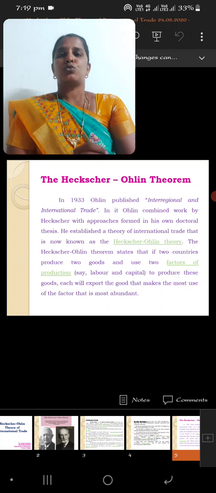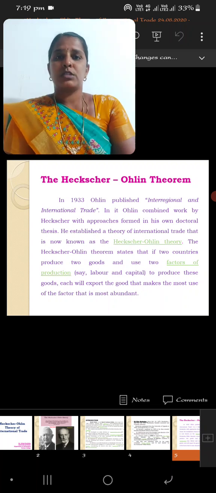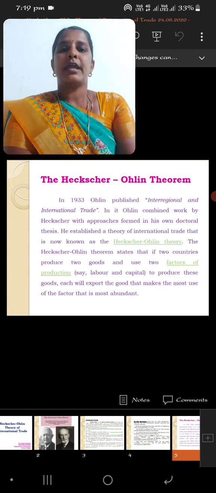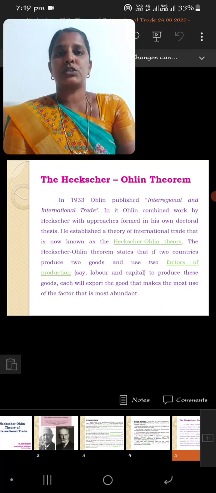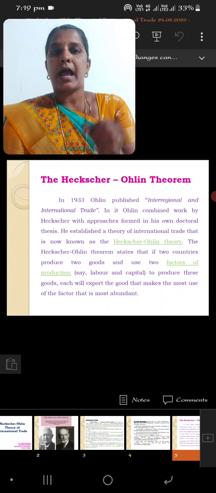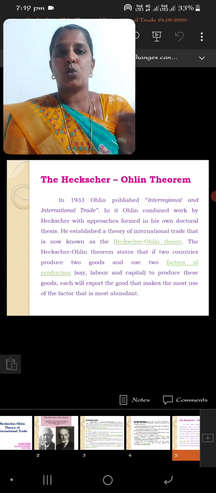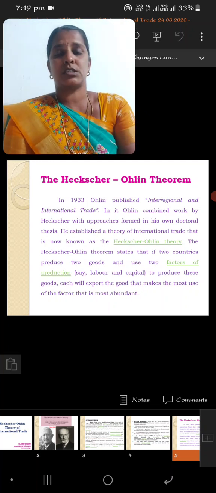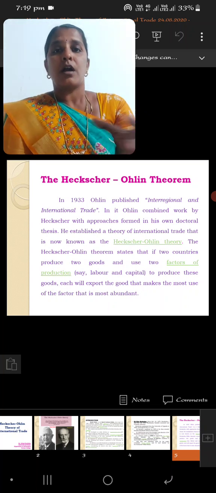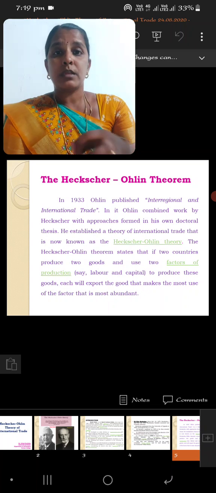According to this Heckscher-Ohlin theory, in the year 1933, Ohlin published Inter-Regional and International Trade. What is the difference between inter-regional and international trade? Inter-regional trade is trade within the country.